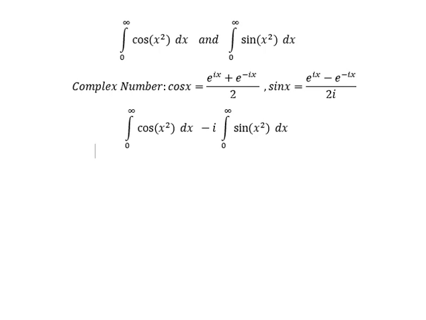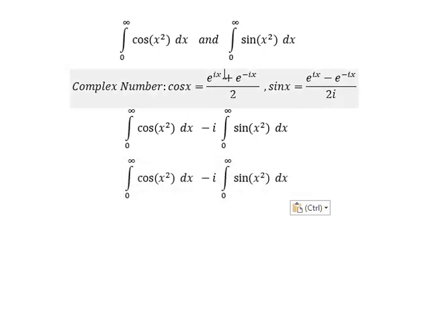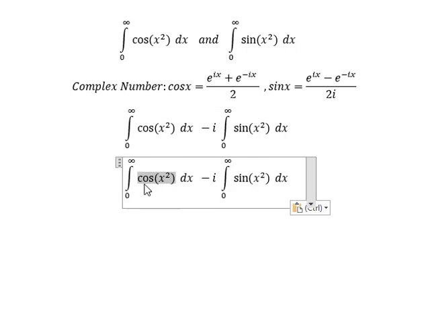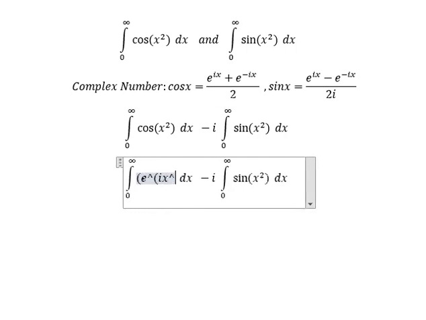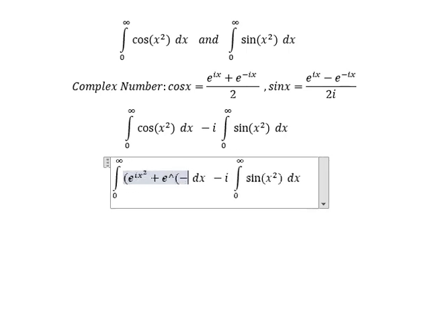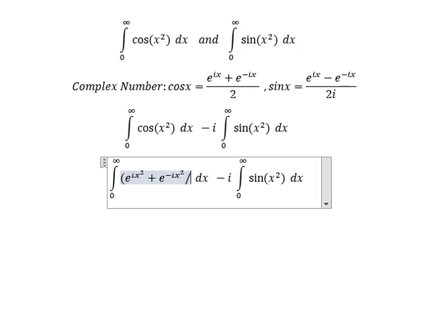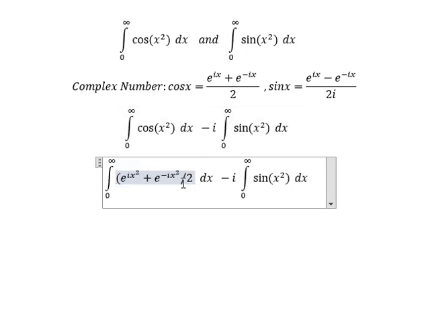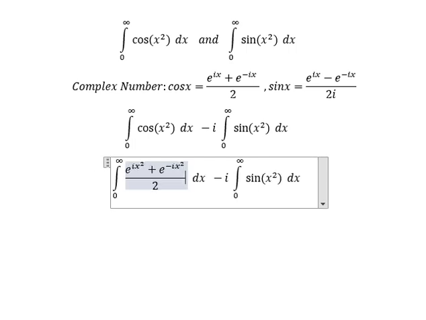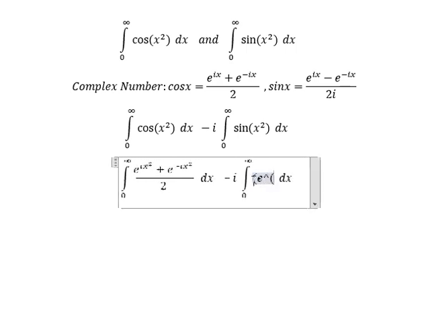So, if we transform into the complex number from this one, there should be e to the power of is squared plus e to the power of negative is squared over number 2. And this one we transform into this one. So we have like this.